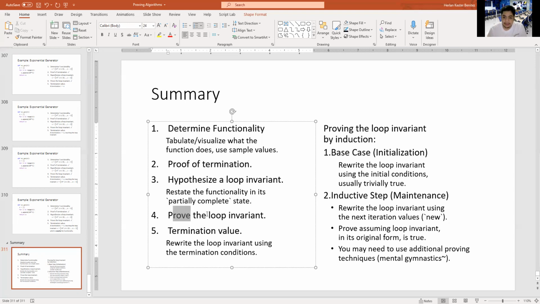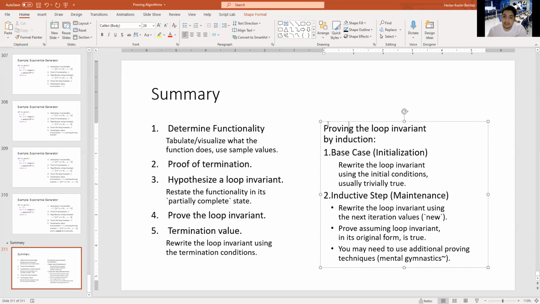Then, next is proving the loop invariant. So, actually, you can prove the loop invariant through direct proof. Pero since, because of its nature, pinakamadaling i-prove yung loop invariant by induction. So, of course, sa induction, meron tayong 2 steps.